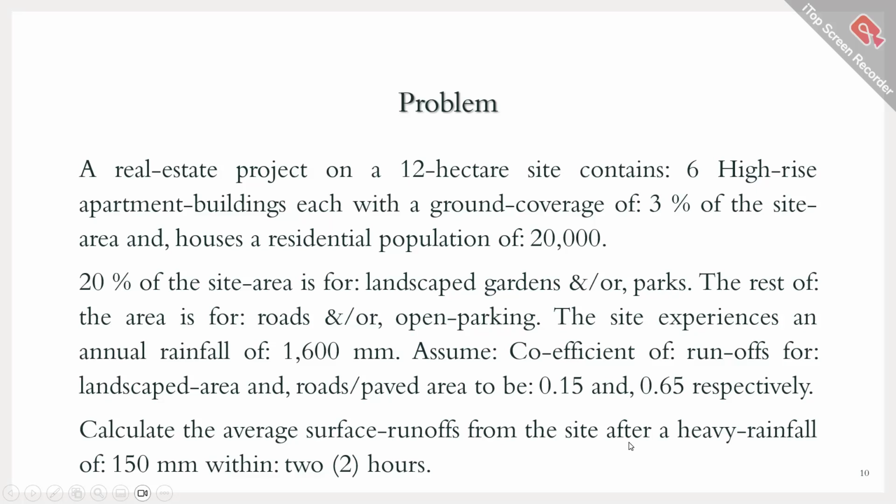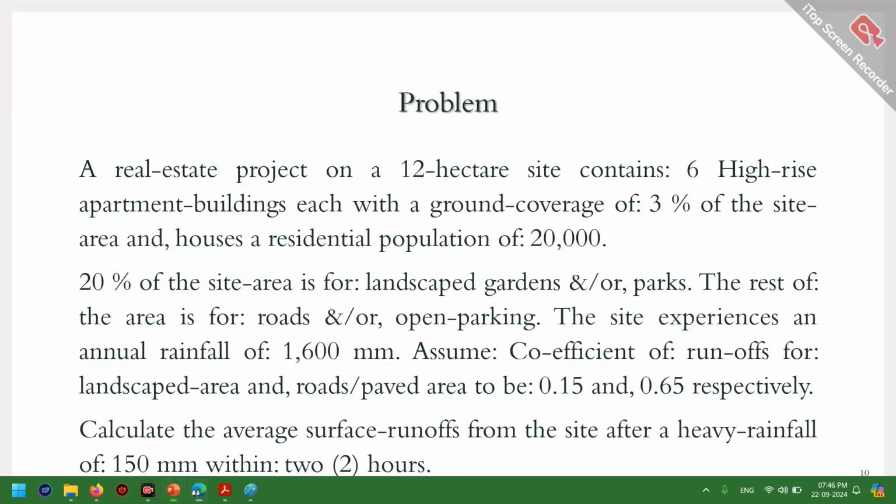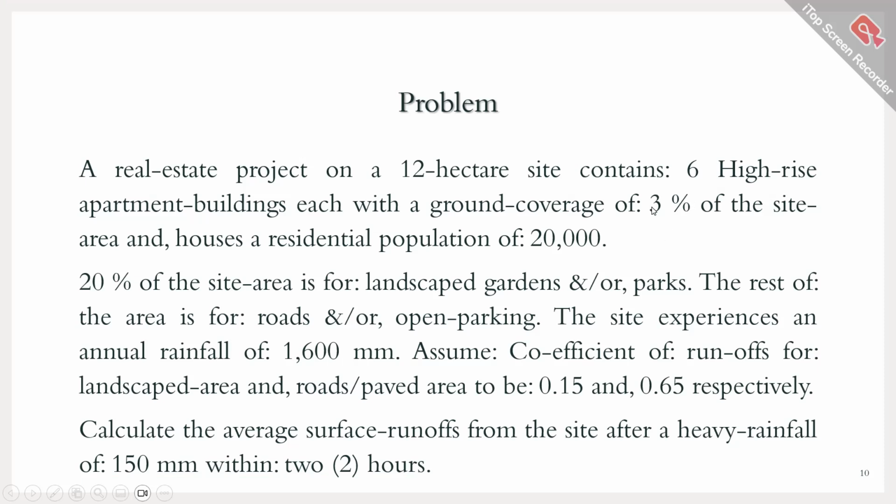For that amount of rainfall, you have to calculate the total surface runoff. So total surface runoff will be from the landscape area and the road area, but there will be zero surface runoff from the building area, as the coefficient of runoff is not given for the building area. So this 18% area will not contribute towards the surface runoff.